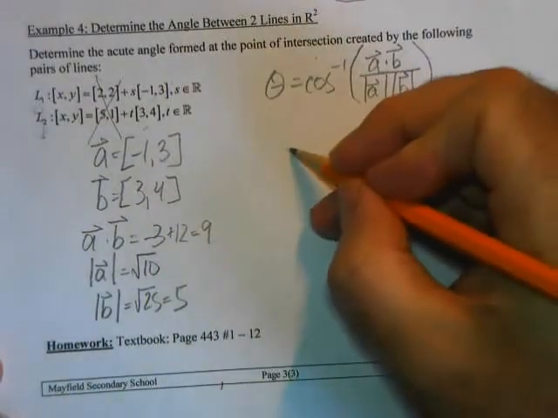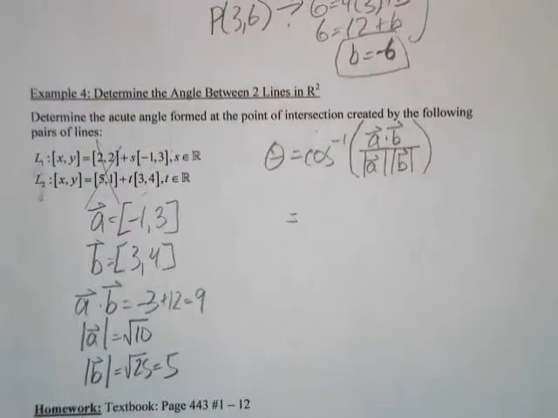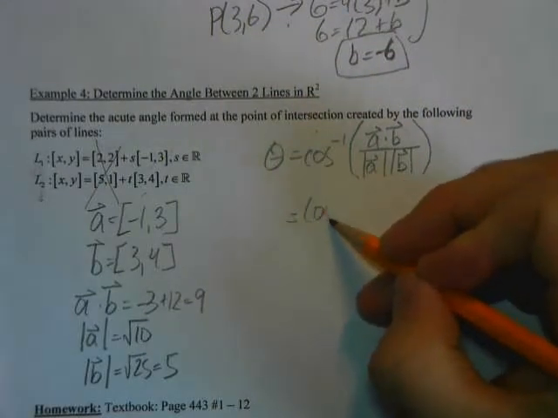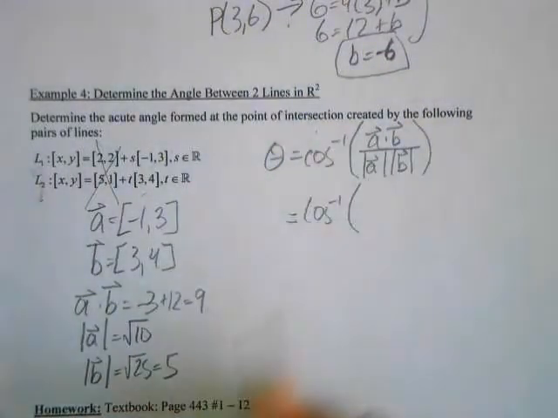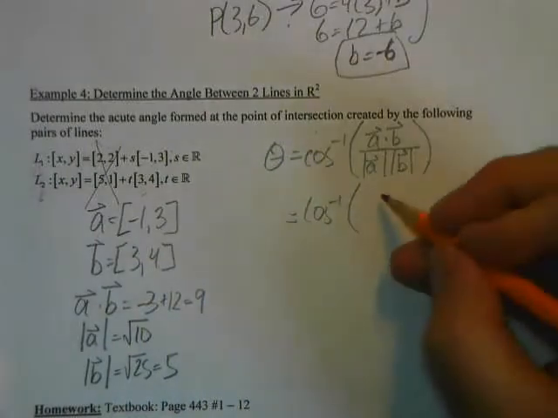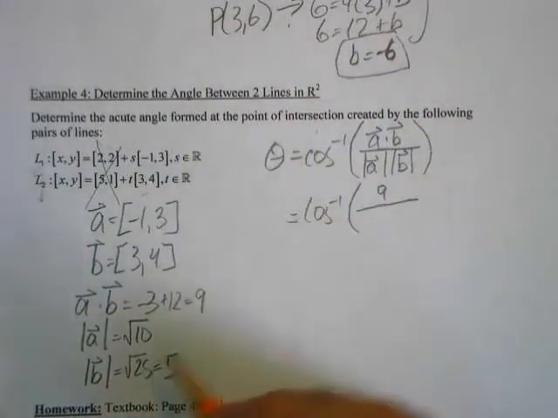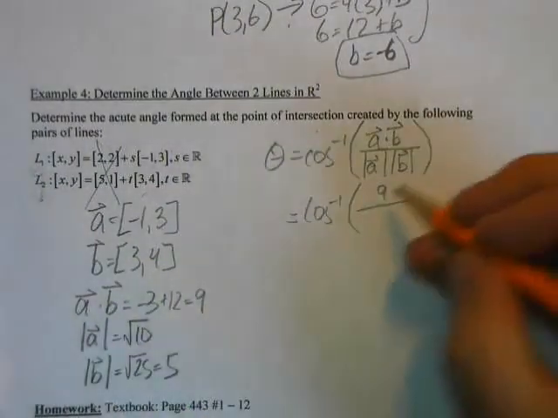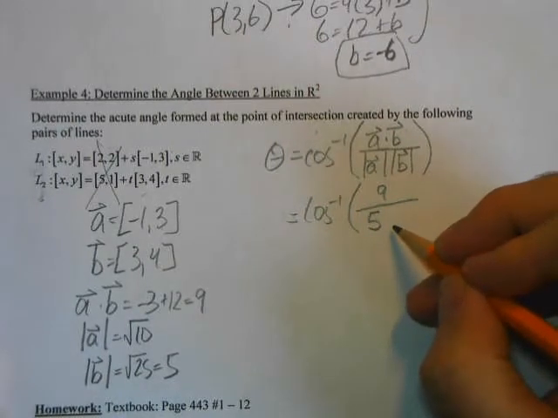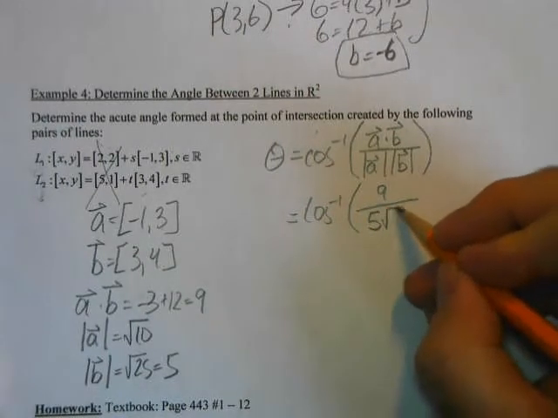So now when I plug in all this information, I get theta equal to cos inverse of A dot B, which is 9, over the product of the two magnitudes, so that'd be 5 root 10.